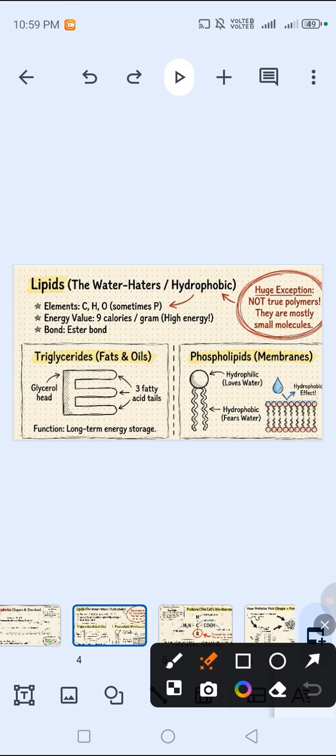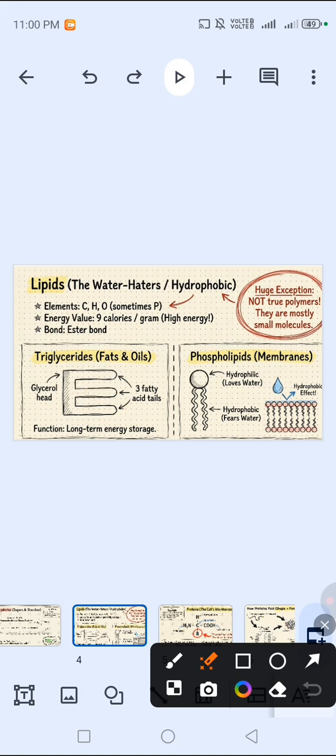Here you can see the triglyceride structure, just for your understanding: shaped like a capital E, with the glycerol and three fatty acids.